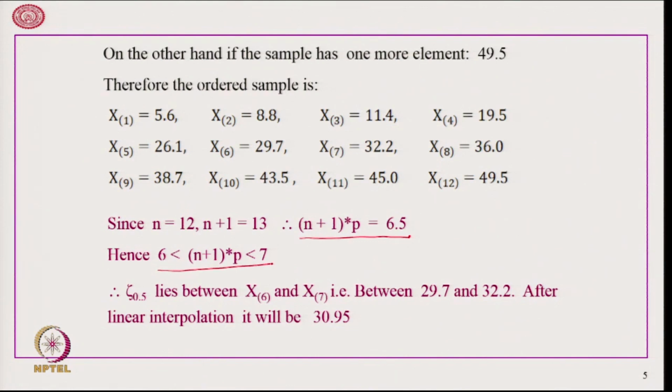Therefore, by the concept of linear interpolation, we get an average of these two, which is the value 30.95. So, this is going to be the estimate for median.